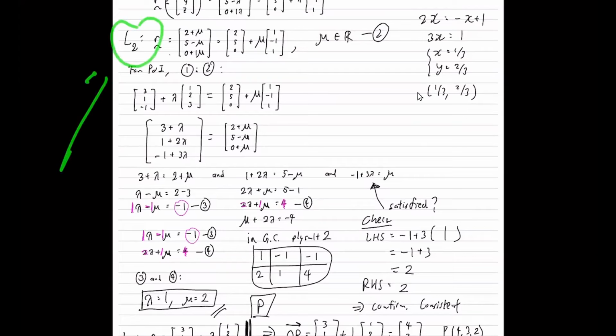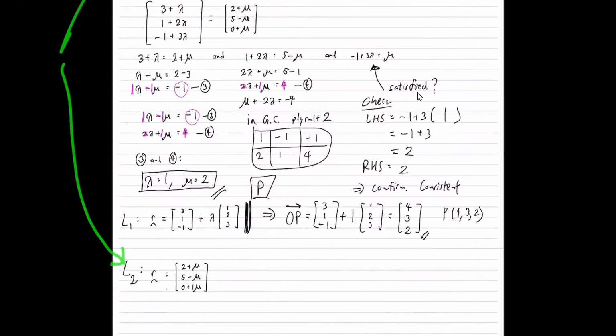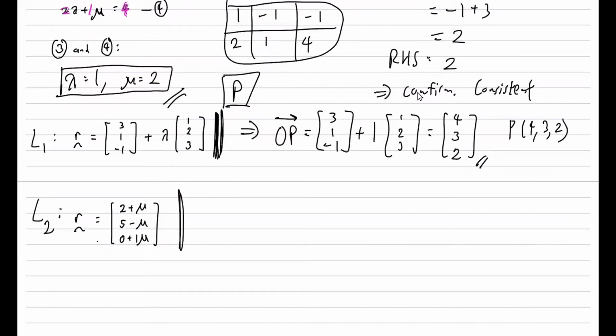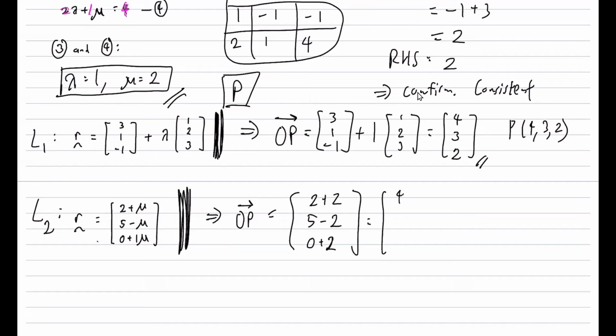Then I just bring it down. So L2, if I just sub in my mu equals to, what is it? Mu equals to 2, right? So r is now vector OP, so (2, 5, 0) plus 2 times (1, -2, 1). What do I get? I get (4, 3, 2). What a coincidence, it's the same. Of course not, it's supposed to be the same. If you get something different, something is wrong.